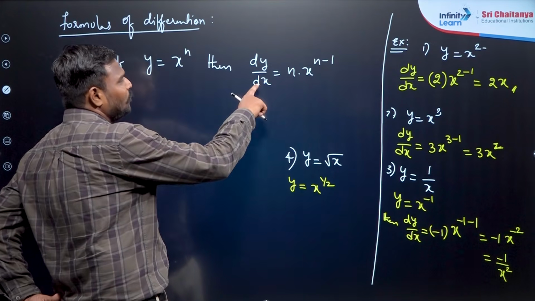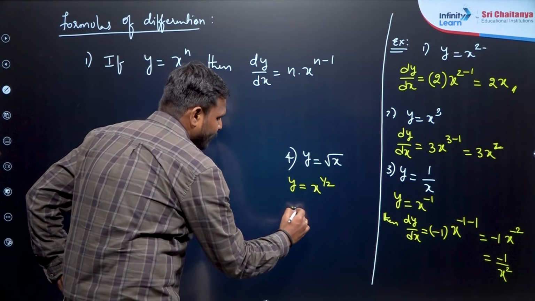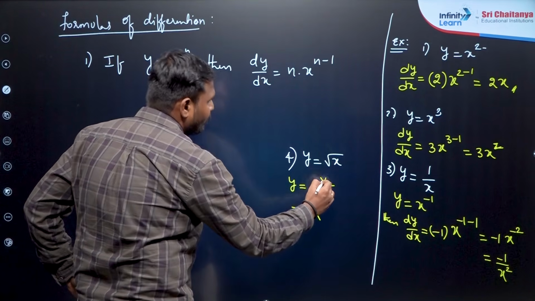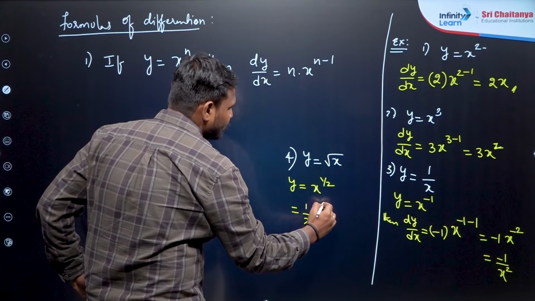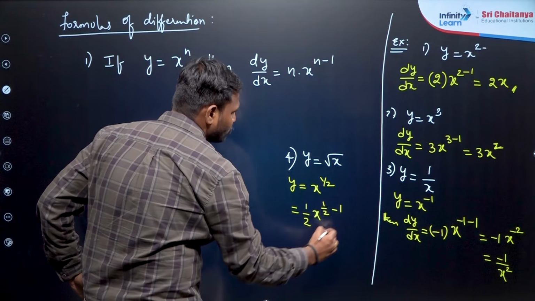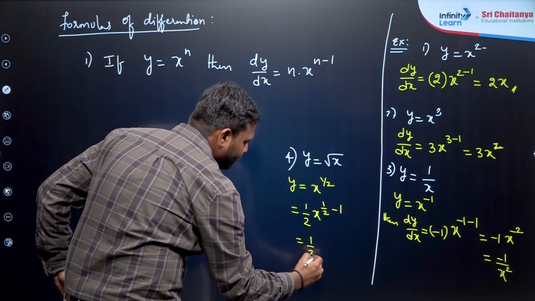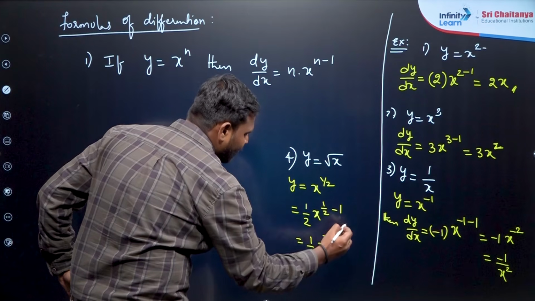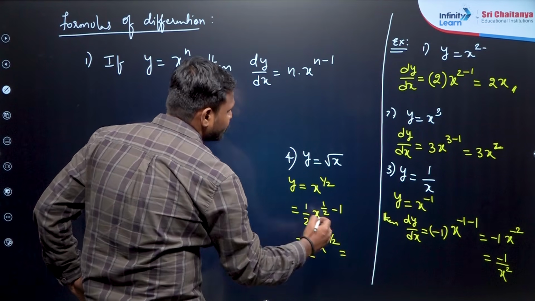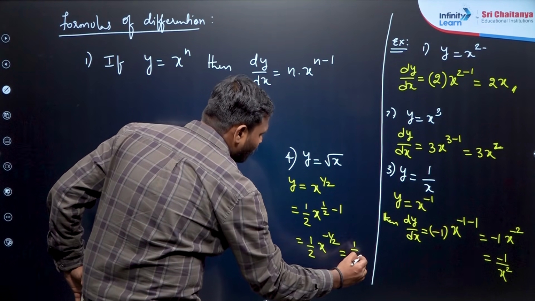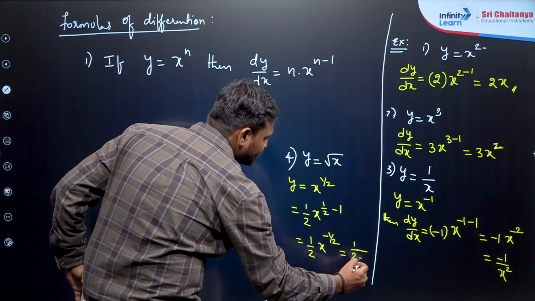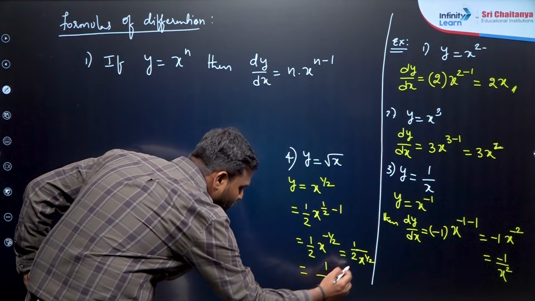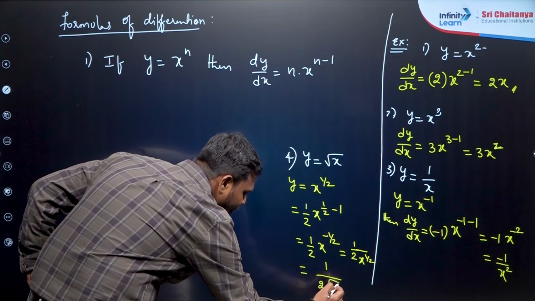Now how to do the derivative? Multiply the power, that is 1 by 2 into x power n minus 1, that is power minus 1. So 1 by 2 into x power half minus 1 is minus half. And if it is negative in the numerator, you can write it positive in the denominator. And if the power is 1 by 2, it is nothing but root.